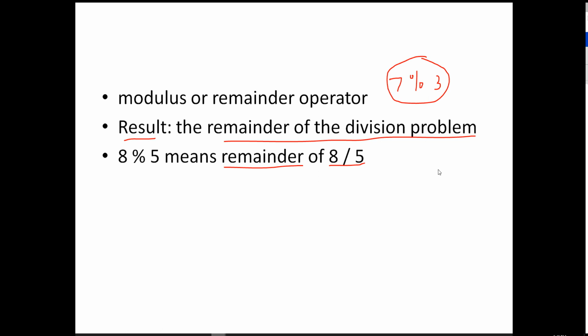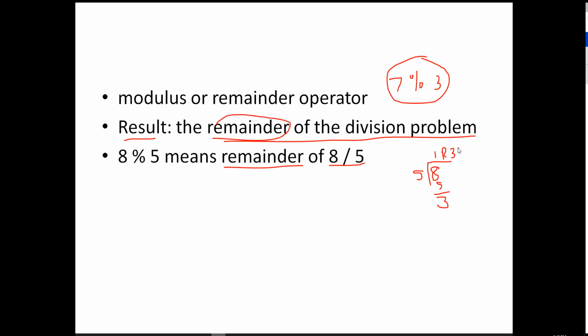And so this is where you have to be able to do this kind of division. 8 divided by 5. So when you first learned division, you didn't carry out decimals. You went 8, 5 goes into 8 once. 1 times 5 is 5. You subtracted. And since we are done with the number, we just go 1 remainder 3. Well, the modulus, the result is the remainder.